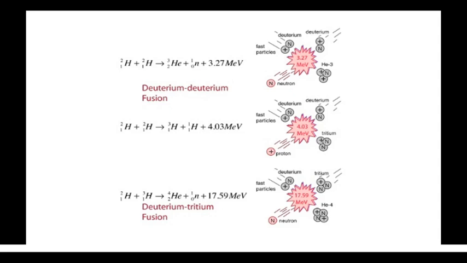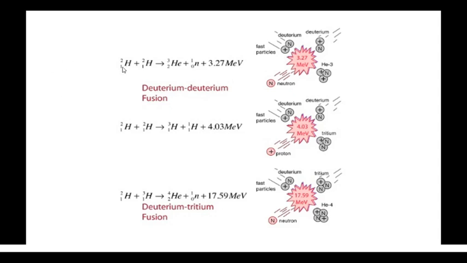There are mainly two types of nuclear fusion reactions. They are the deuteron-deuteron reaction, that is DD reaction, and the deuteron-tritium reaction. First one is the deuterium-deuterium reaction, which can occur by two methods.